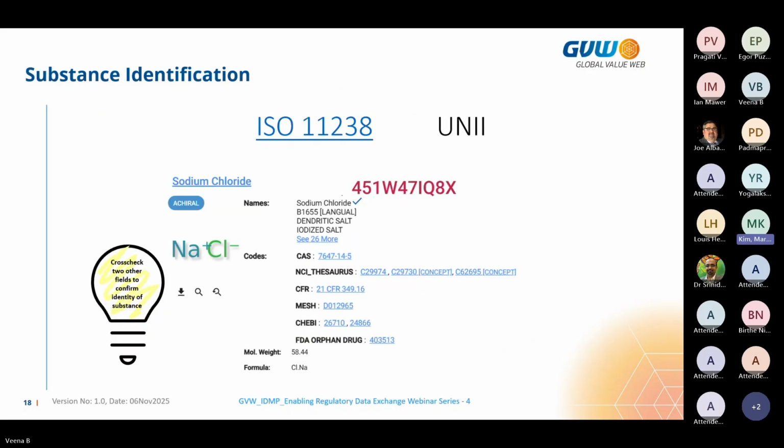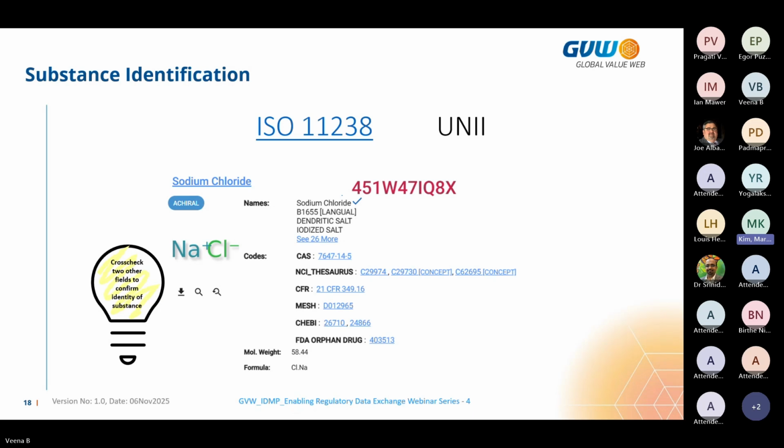Okay, so our main work at GSRS is to define substances. We are very particular, and we love to talk about substances all day. When someone comes to us with a request for a UNII, we want to know what the chemical structure is. If it's not a chemical, we want to know the sequence.